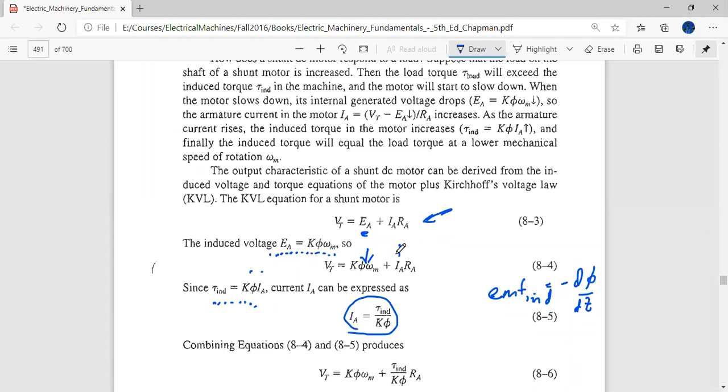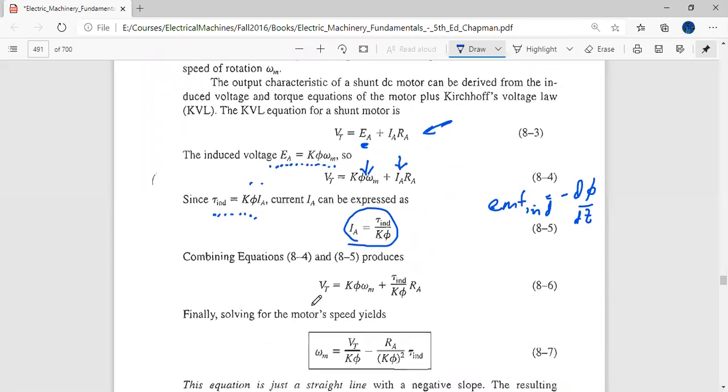So I substitute this second equation in place of IA here, and I land with this expression: the terminal voltage of a machine is equal to K phi times omega m plus torque induced times Ra divided by K phi. Now in this, what quantities are varying and what quantities are constant?